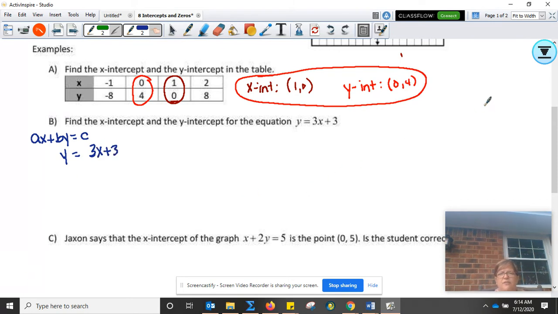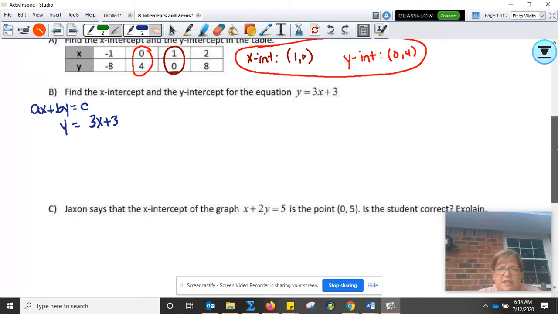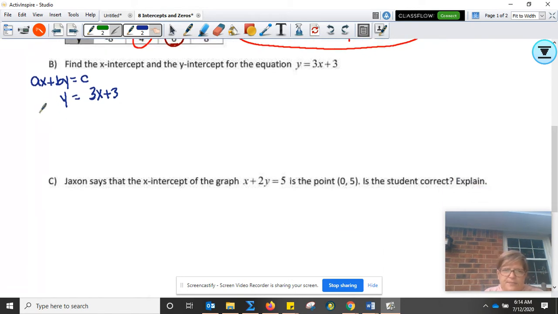But to get it in standard form, we want our x and y on the same side. So I need to subtract that 3x. So I end up with negative 3x plus y equals 3. And that's my standard form of that equation.